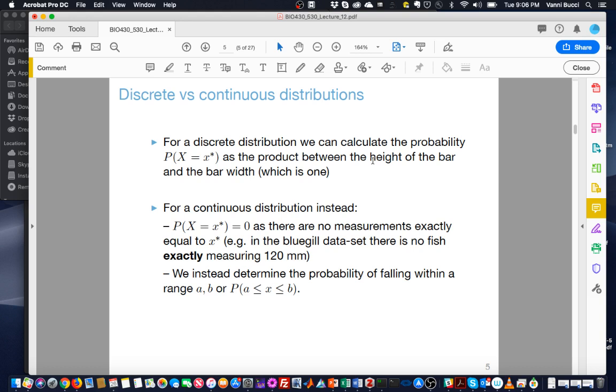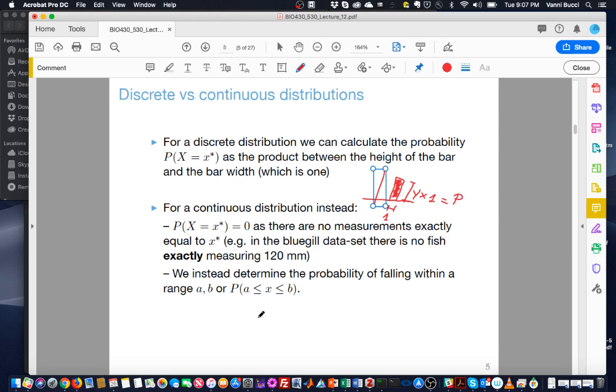And this makes sense because, if we go into a histogram, where this is your bar associated to your variable x, and this distance is 1, the probability is going to be exactly your y times 1. It's your probability.